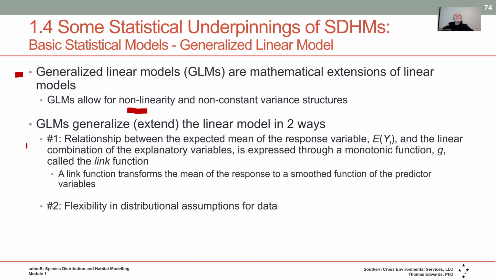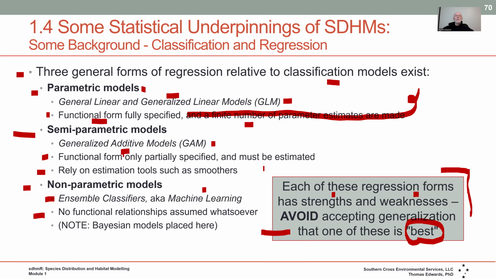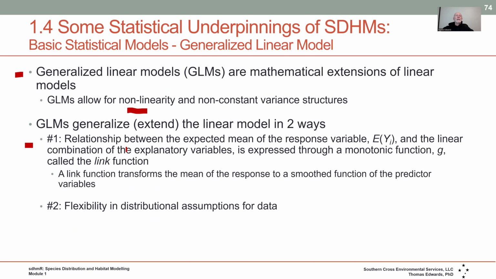Now, what GLMs do is they extend the linear model in two ways. The first, the expected mean, that's this right here. And the linear combinations is expressed through a different function that's called the link.